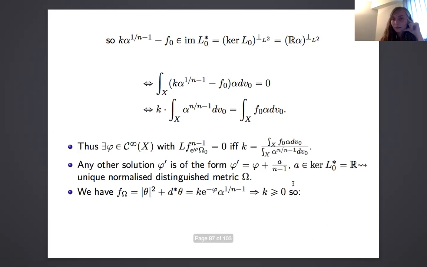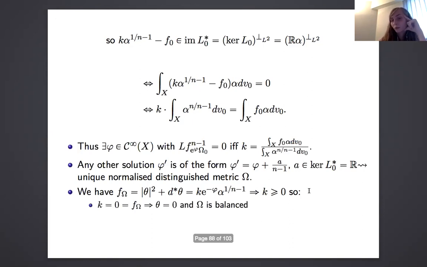And for the final remark about positivity, after we solve this equation, F omega is given by this formula. Since this is strictly positive and this is strictly positive, the sign of F is completely determined by this constant. And since the integral over X of this function is positive or 0, this constant is positive or 0.